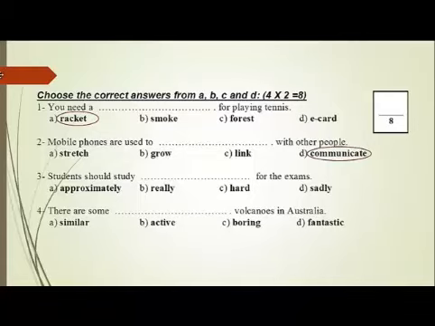Number 3, students should study for the exams. Ask yourself, how should students study? You have the choices: approximately, really, hard, sadly. And the answer is hard. Students should study hard for the exams.